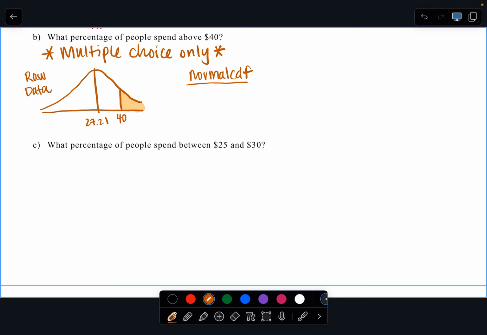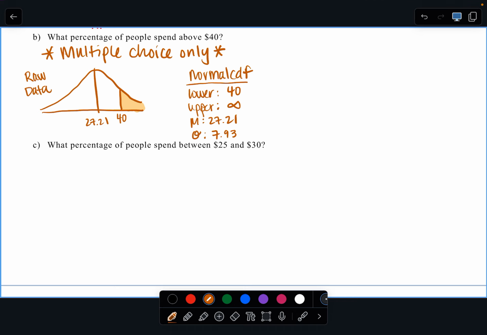And instead of using a Z-score, you can go ahead and use a lower and upper bound of the data values. So I can say we're going from 40 to positive infinity, and the mean is going to be 27.21, and the standard deviation is going to be 7.93.